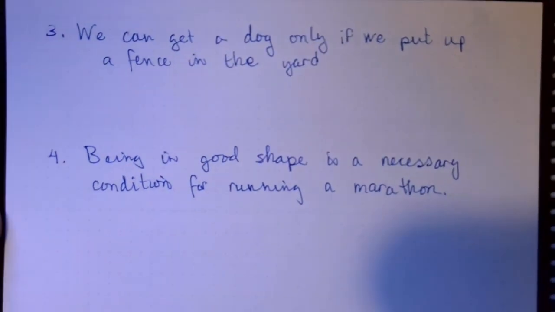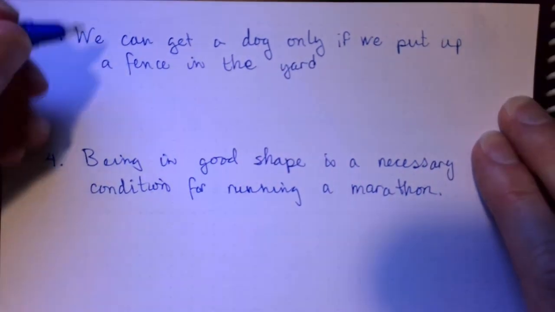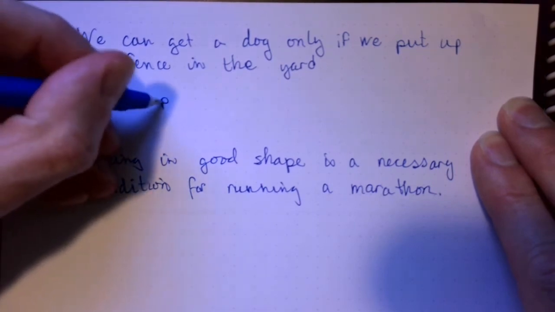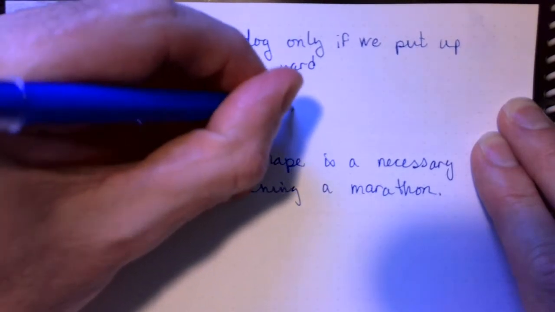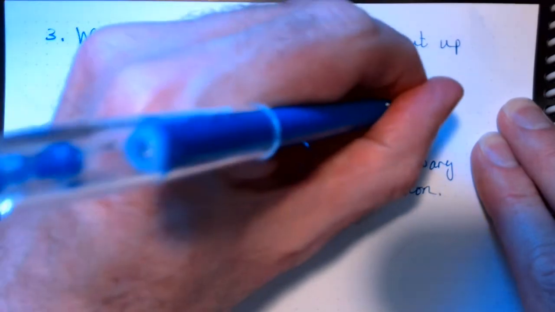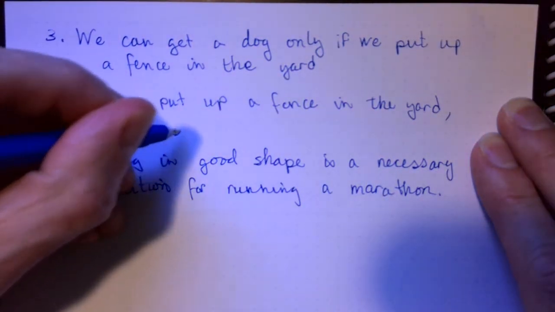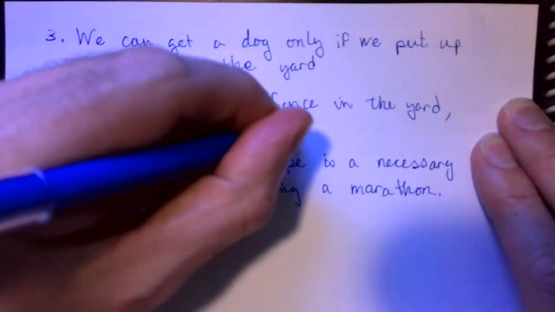A couple more. We can get a dog only if we put up a fence in the yard. If we put up a fence in the yard, then we can get a dog.